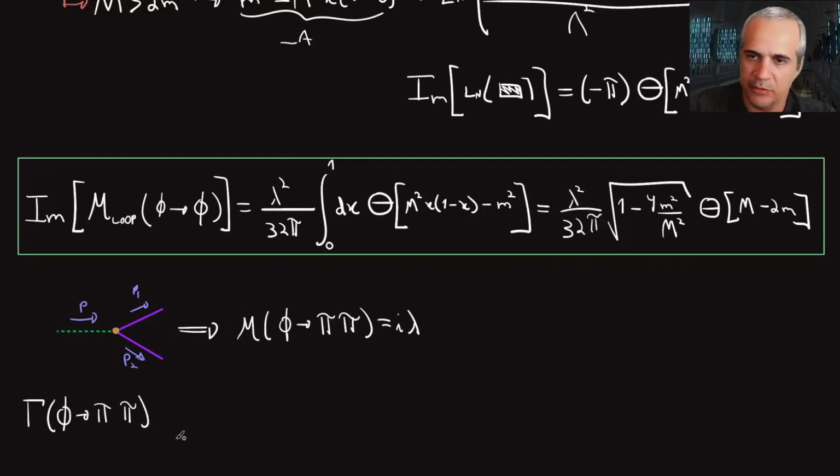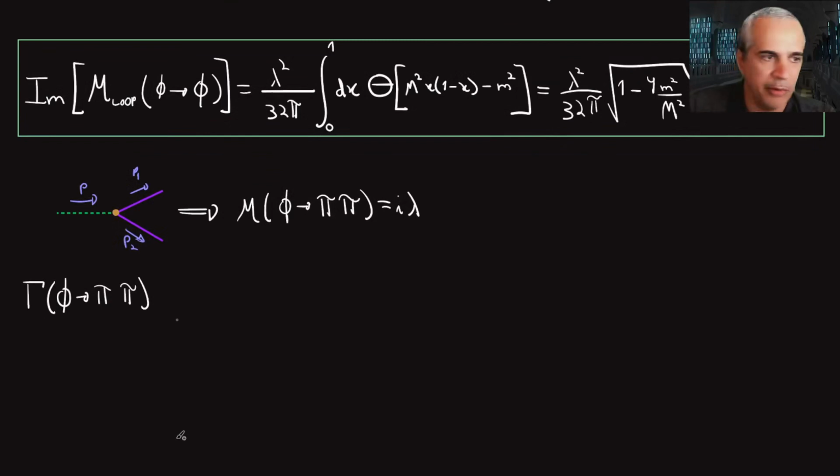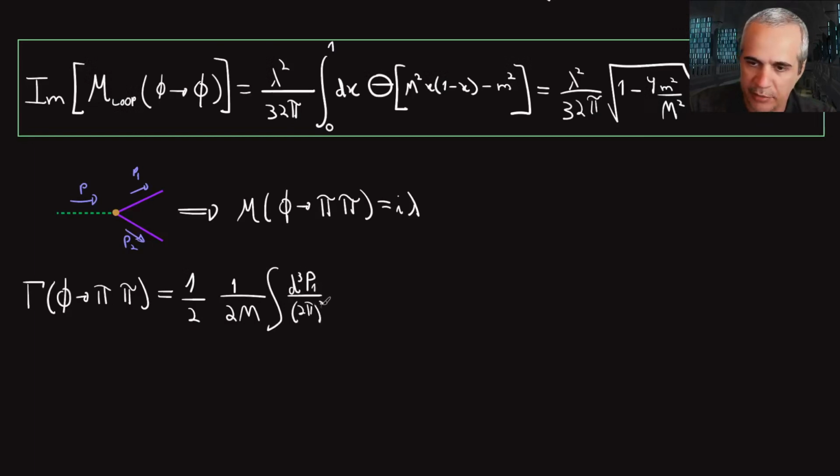if we go back to those formulas from quantum field theory 1, we know that this has a factor of half here because the final particles are indistinguishable. And then it's just the usual formula for the phase space of 1 to 2 decay, so that's the 1 over 2M integration over d3p1 over (2 pi)^3, d3p2 over (2 pi)^3, 1 over 2E1 2E2.